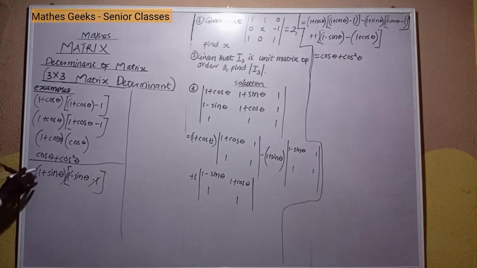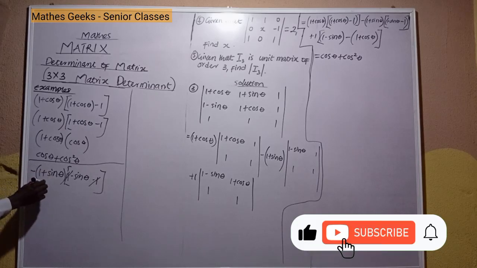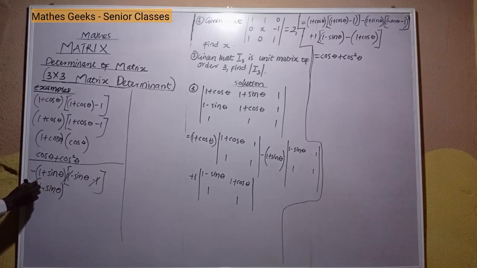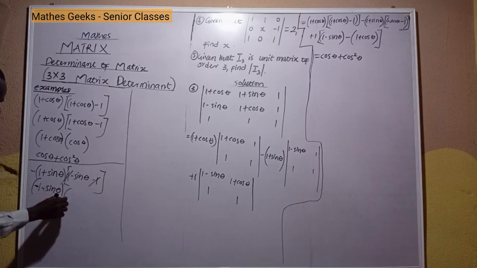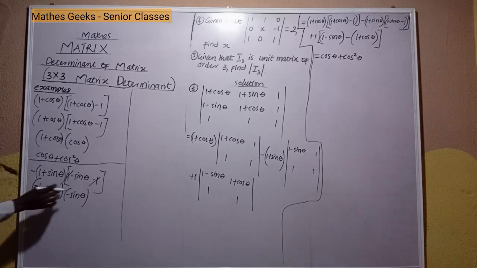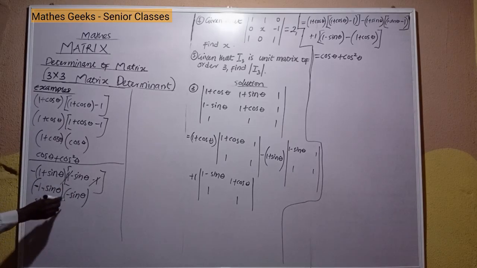So I have here minus times 1 is minus 1, minus times plus sin theta is minus sin theta. Minus 1 times minus sin theta gives us sin theta. Minus times minus is plus, sin theta times sin theta gives us sin squared theta.